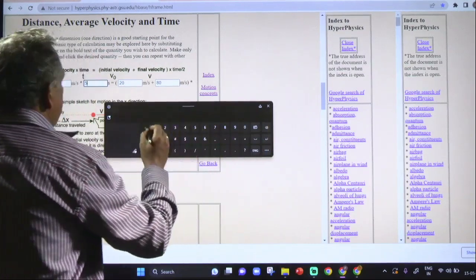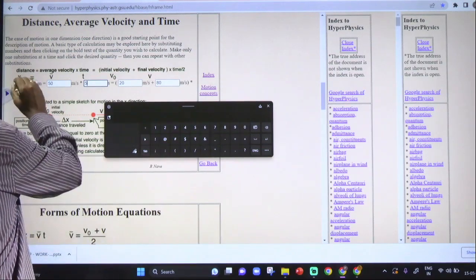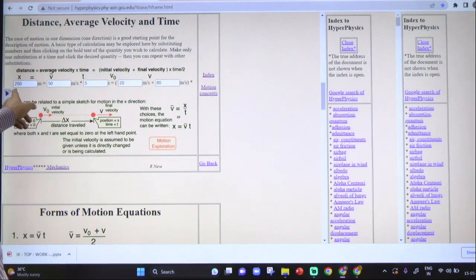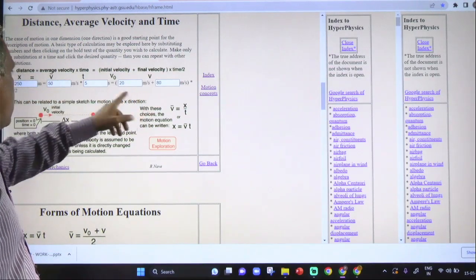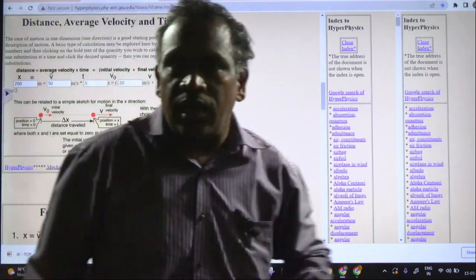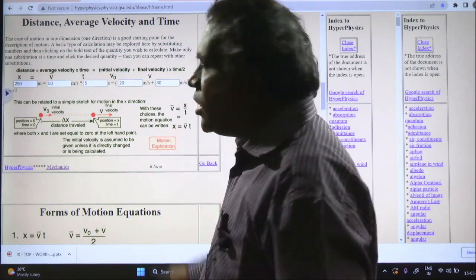If you take 5 seconds and calculate, the displacement is 250. 80 plus 20 upon 2, the average velocity is 50, so you can calculate in this manner.